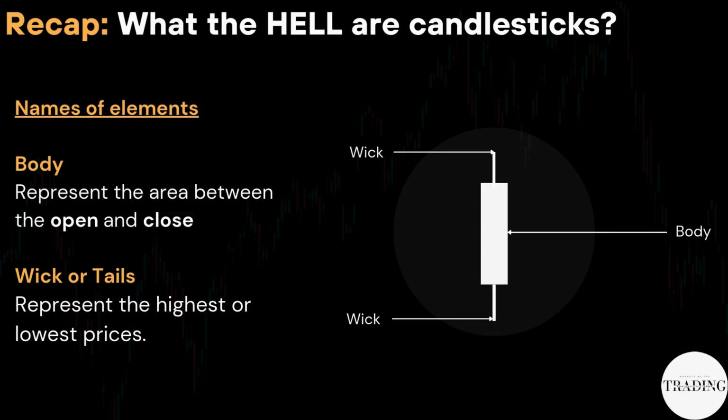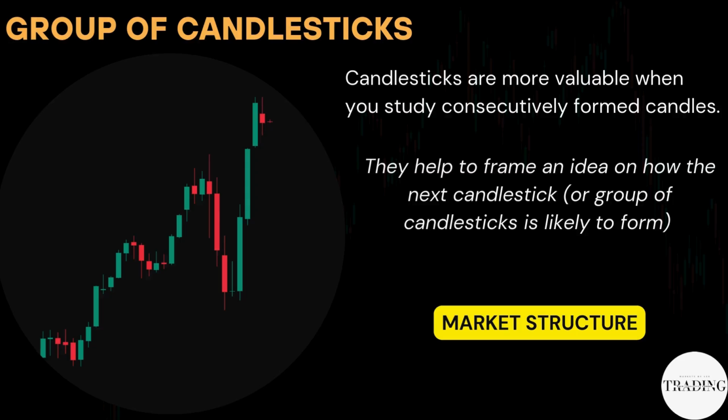Now, we did mention that candlesticks by themselves, while they are valuable, it's very important for us to study a group of candlesticks. It's especially valuable when we look at the consecutively formed candlesticks. They help us to frame an idea of how the next candlestick or group of candlesticks is likely to form.